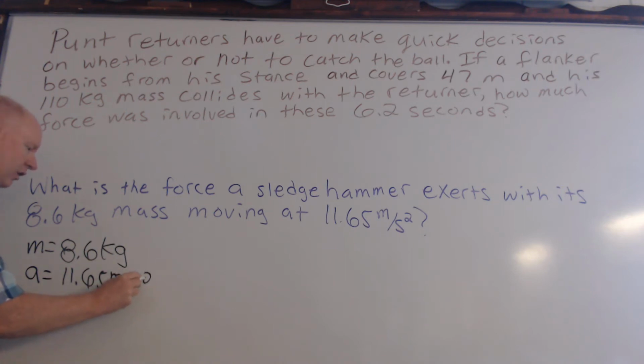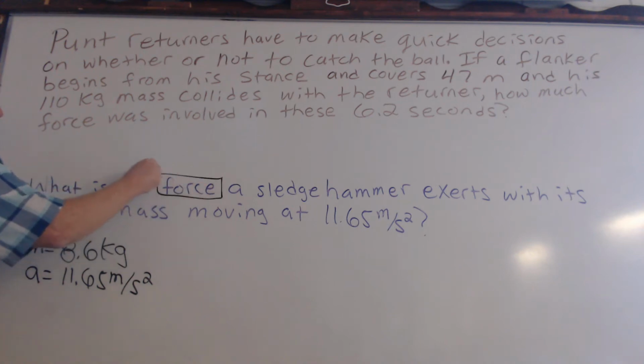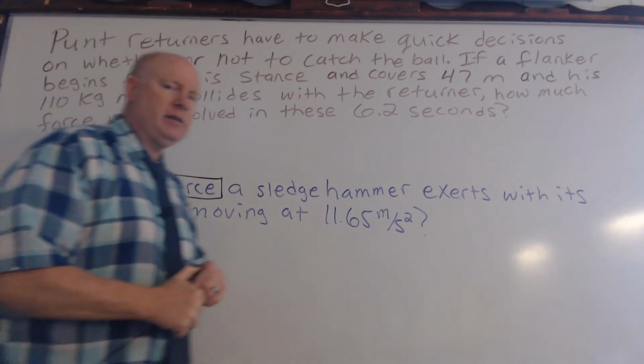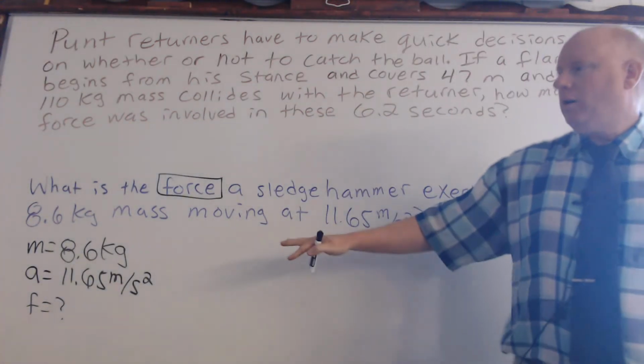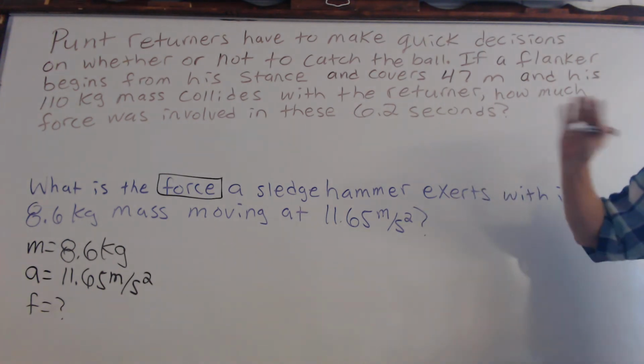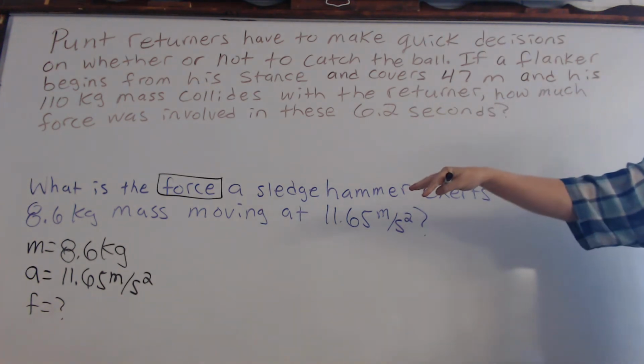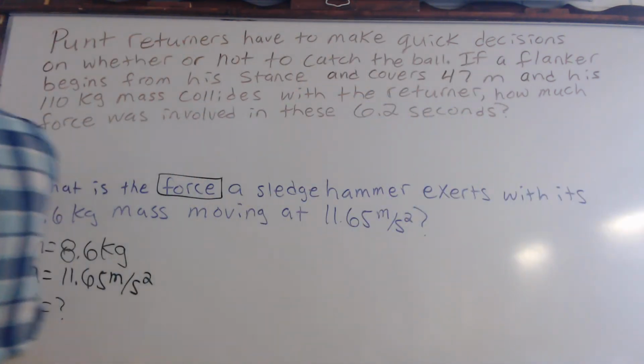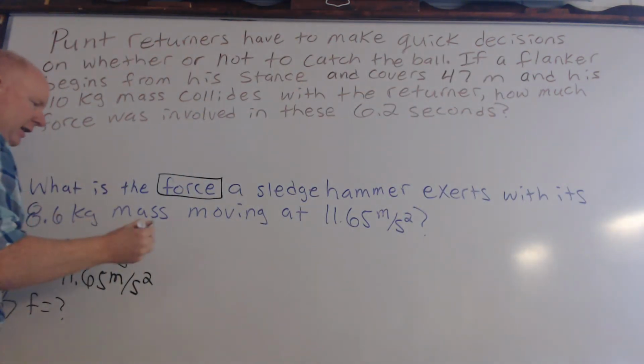And then what is the question asking for? Right here, the force. So now you've got this written down where we see it in one spot. What does the formula tell you to do? Okay, so in order to solve this, how are we going to complete it?